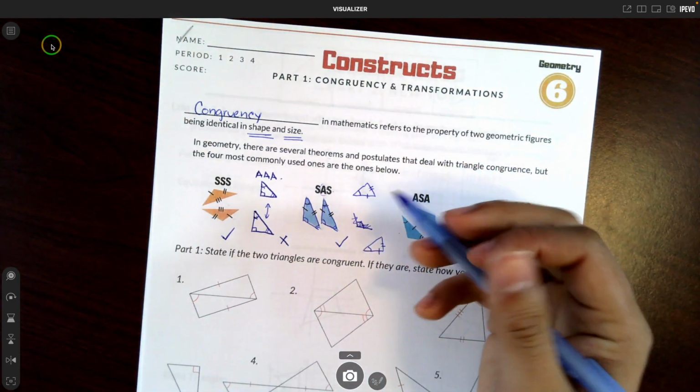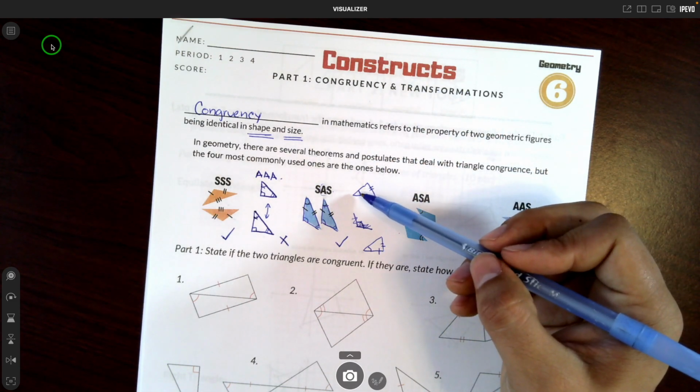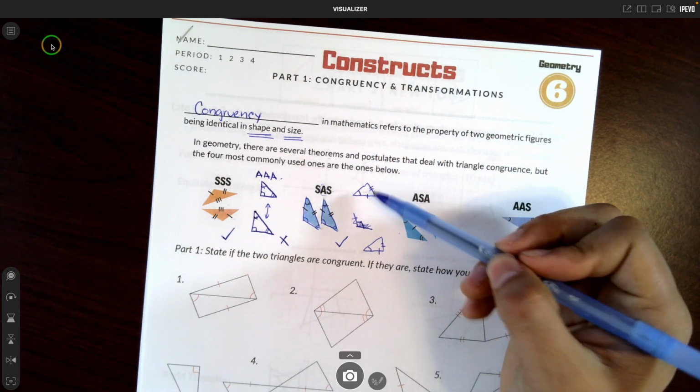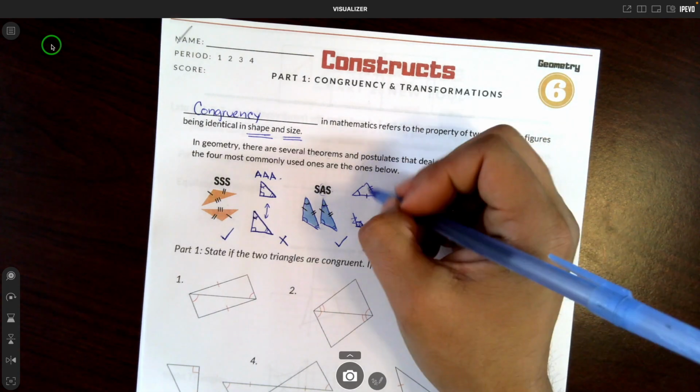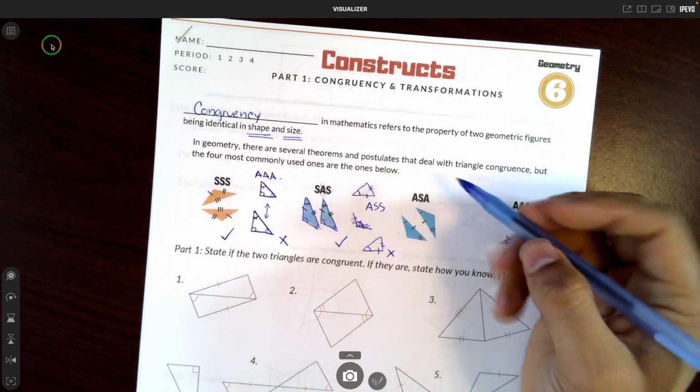Now this one spells, I guess you can think of it as a bad word, but it's not really that bad. Angle, side, side. Angle, side, side. Spells ass. That does not work, okay?